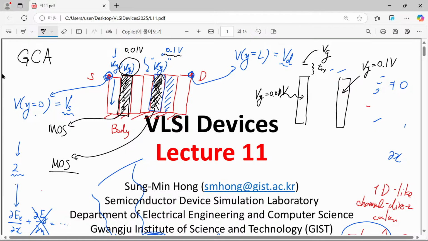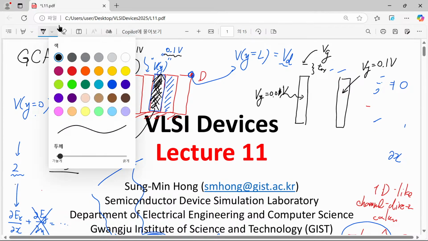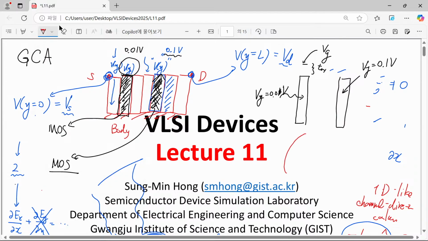Let's assume that they share the exact same electrostatic potential. Say that this is the electrostatic potential phi versus X position, and this is the X position with the exact same profile for our potential. Then what happens to these two?